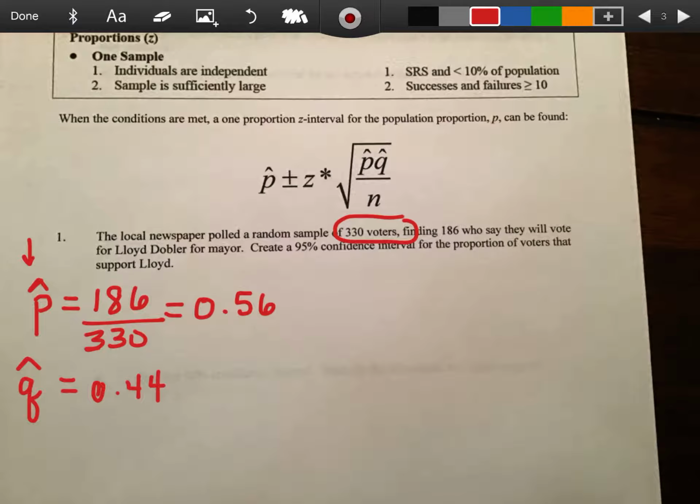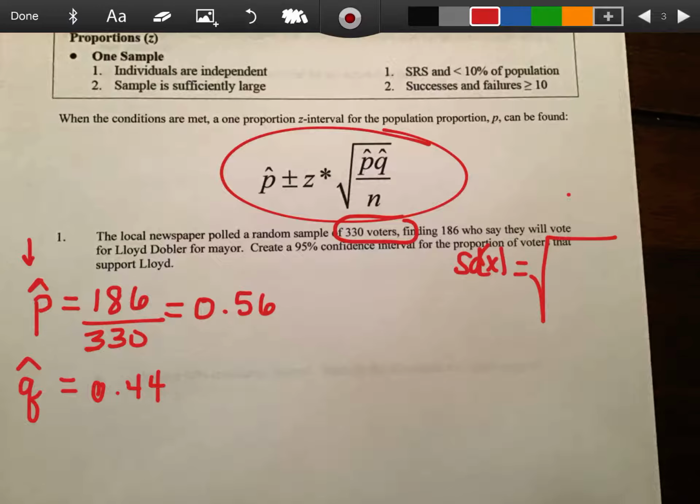Sorry about that. So again, I want you to think about your standard deviation here. You guys know that your standard deviation is based off of the square root of your p-hat times your q-hat, all divided by your sample size, which is 330.